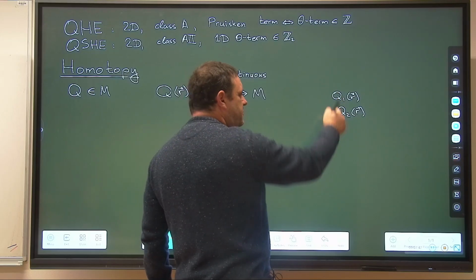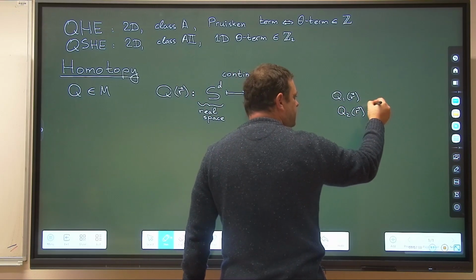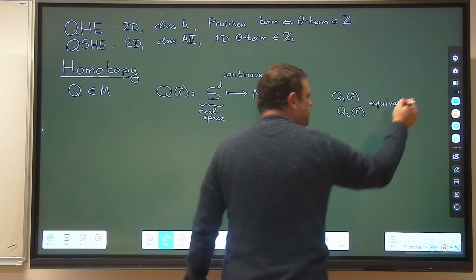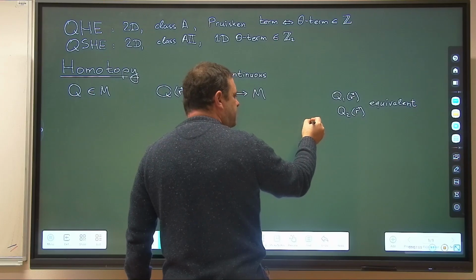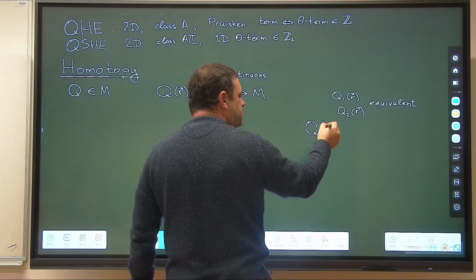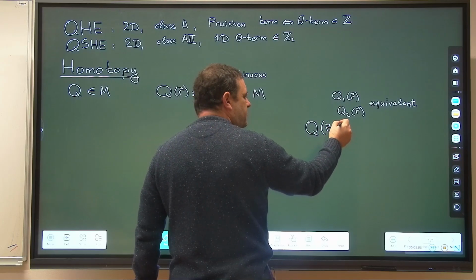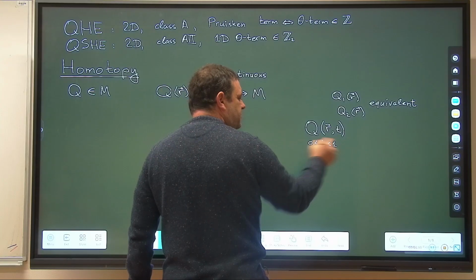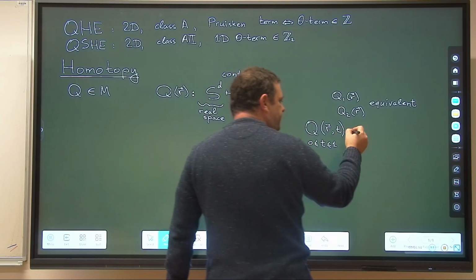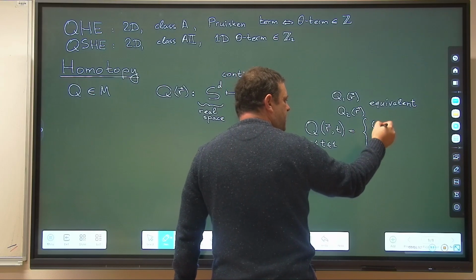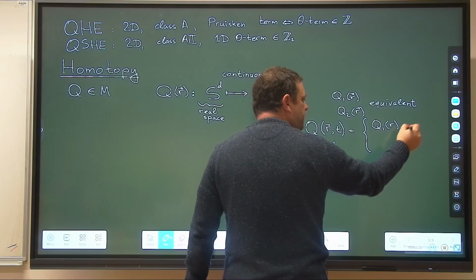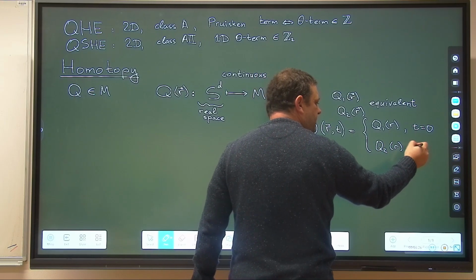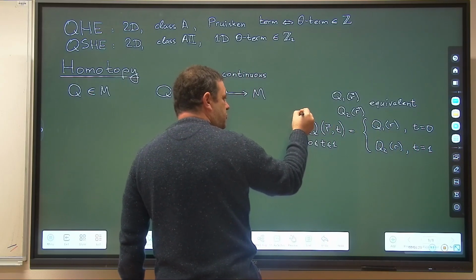So we call two such maps topologically equivalent if we can create a new map which depends on R and on an extra parameter t. This extra parameter t changes from 0 to 1 in some finite interval. And it is such that it equals Q1 of R for t equals 0, and it equals Q2 of R for t equals 1. And it should also be continuous.